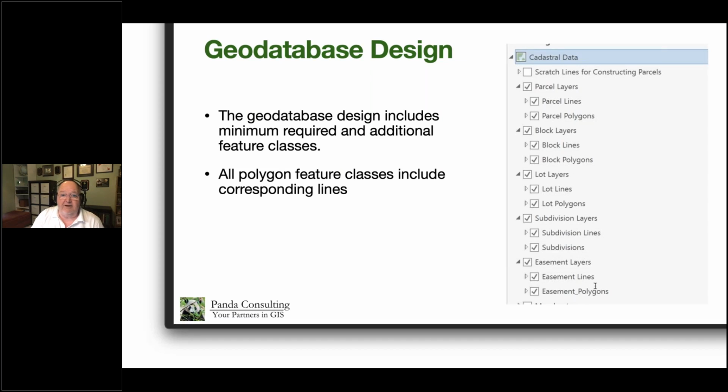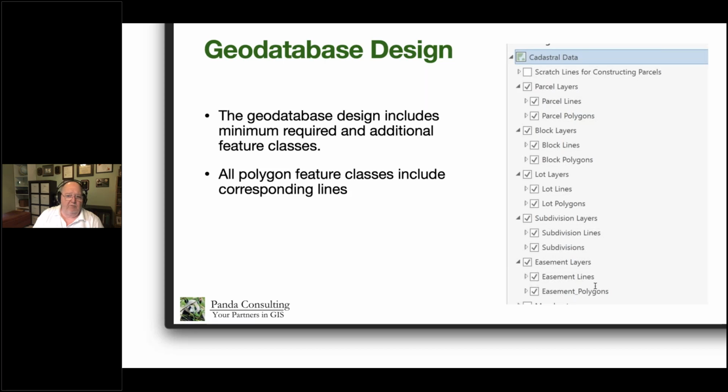So most of this is fairly easy, and you can see on this slide that what we have here is a very simple database design that includes not just a minimum, but some additional feature classes.